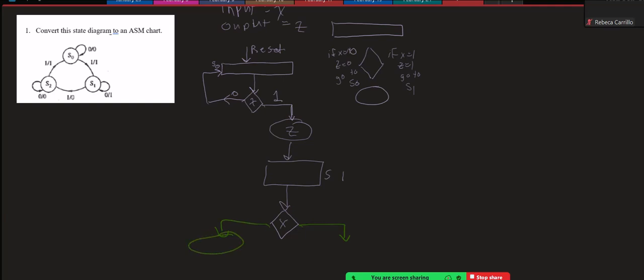Okay, so here I have 0, and from S1, if my input is 0, I go back to S1, and my output is 1. Right.